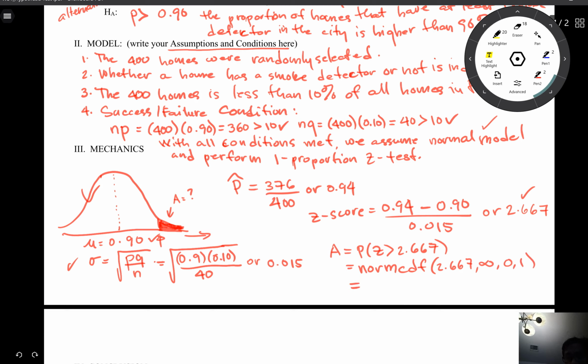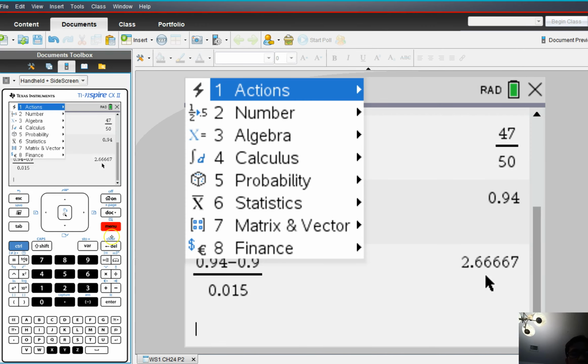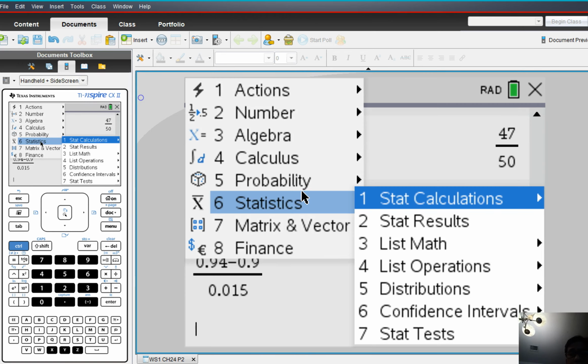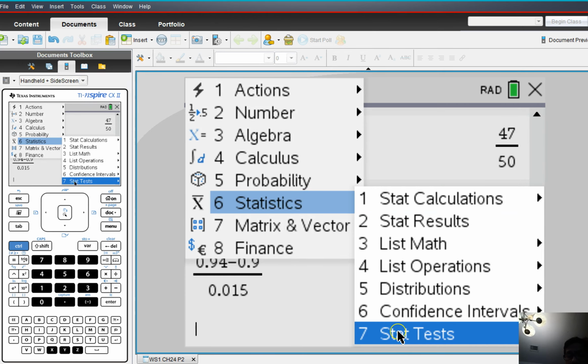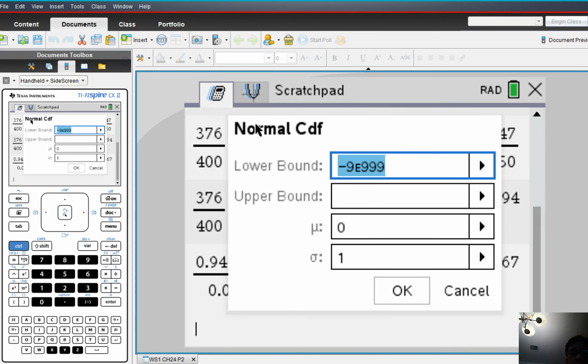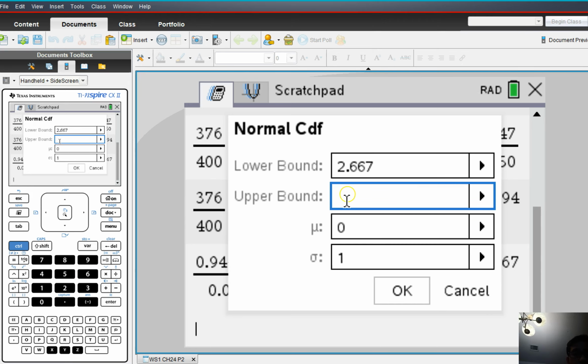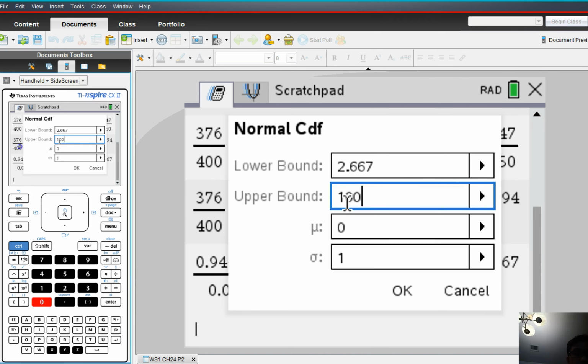Or we compute that: norm CDF, menu, stat, distribution, and then we get norm CDF. Again, it's from 2.667 up to, let's just put a big number right here.